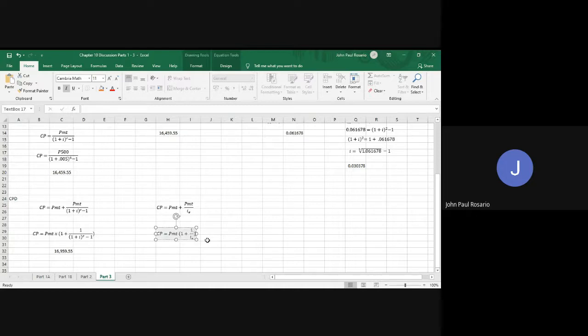Payment divided by payment would be 1, and payment over i_e divided by payment would be 1 over i_e. So if we solve for that, it would be 500 multiplied by 1 plus 1 over our equivalent rate. With that, we still arrive at the same answer.